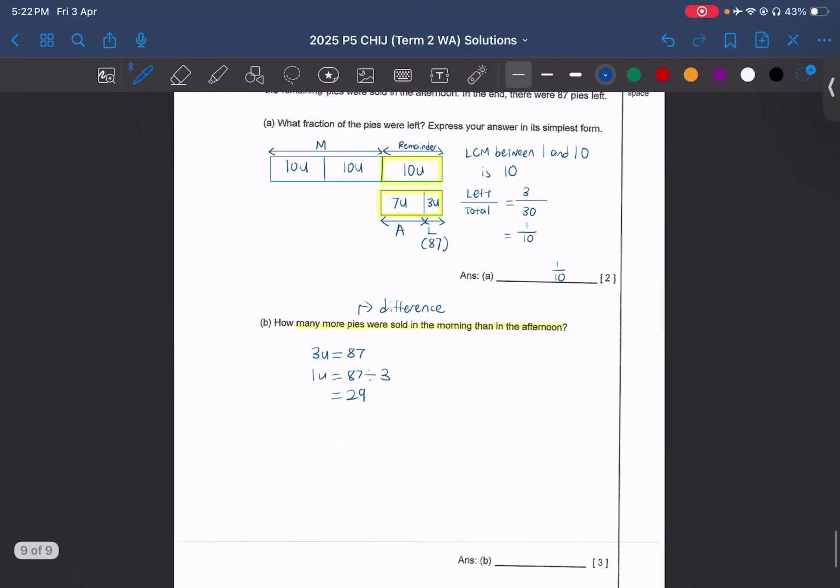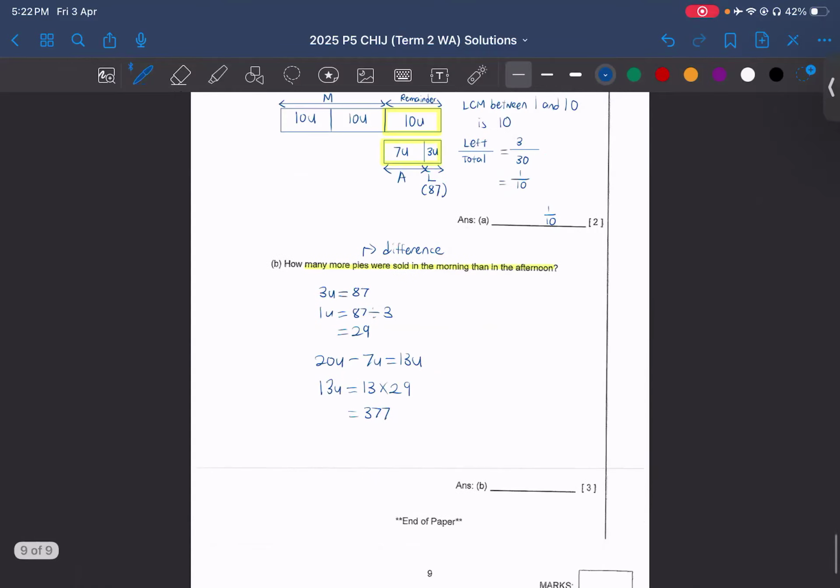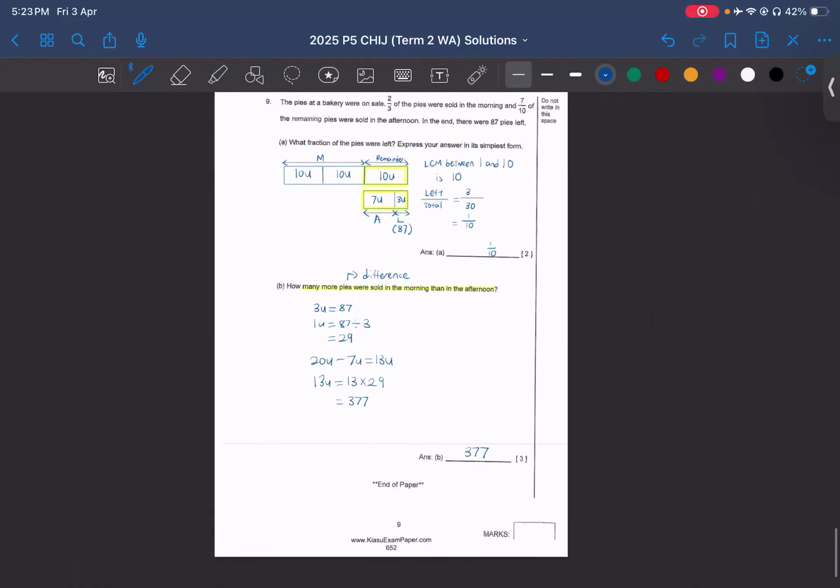The difference between the units for morning and afternoon would be 20 units minus 7 units, which is 13 units. Since we have already found 1 unit is 29, 13 units would be 13 times 29, which gives me 377. So how many more pies were sold in the morning than in the afternoon would be 377.